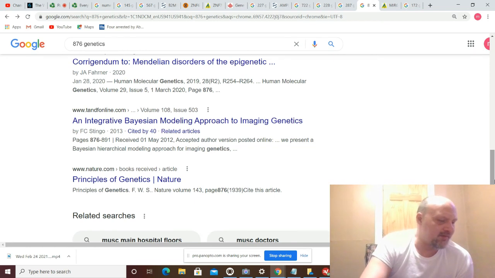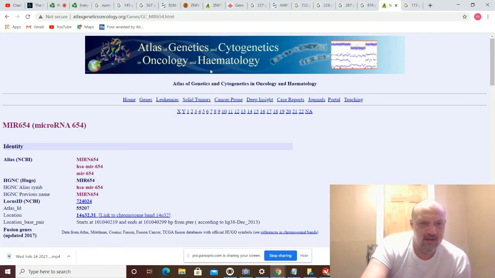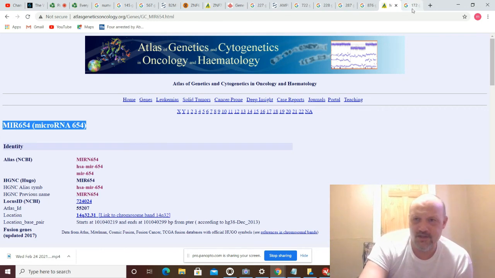And if you move on from that, you have 654, which ends up being MIR654, microRNA 654. So another one of those microRNA genes.